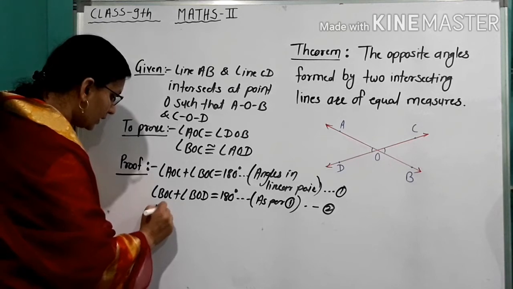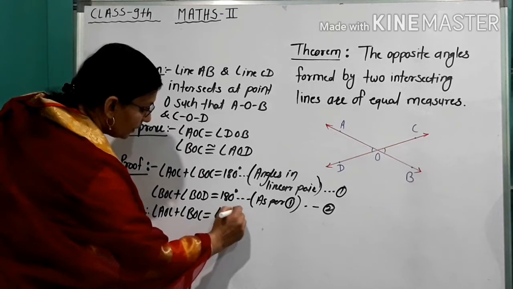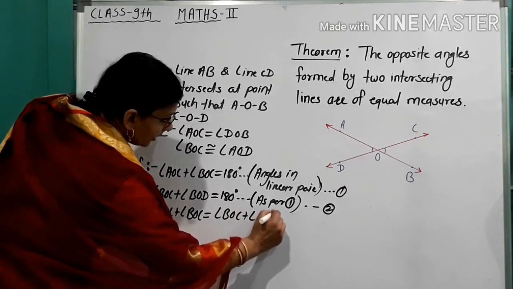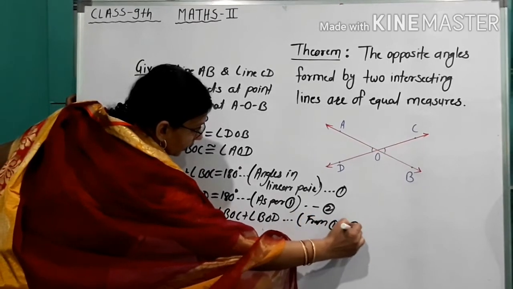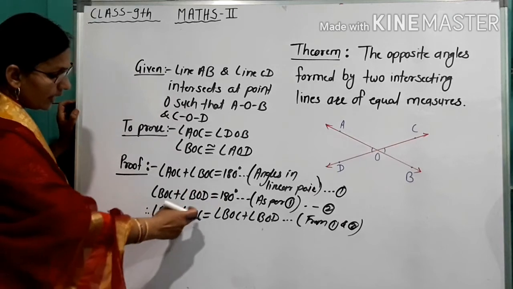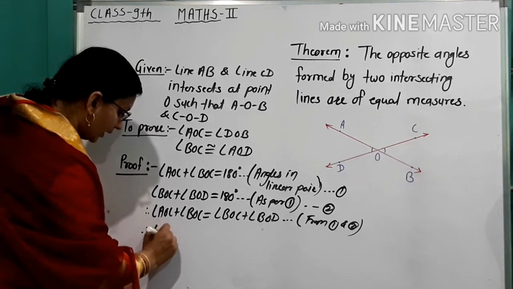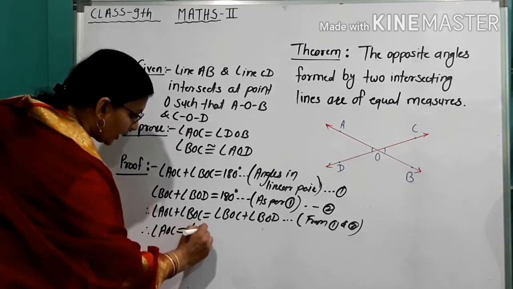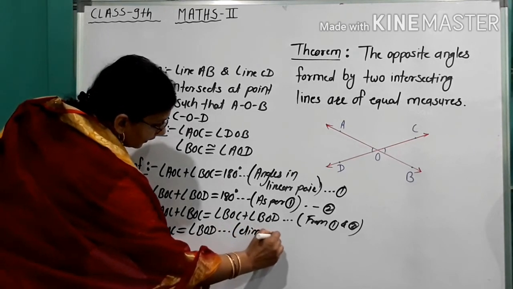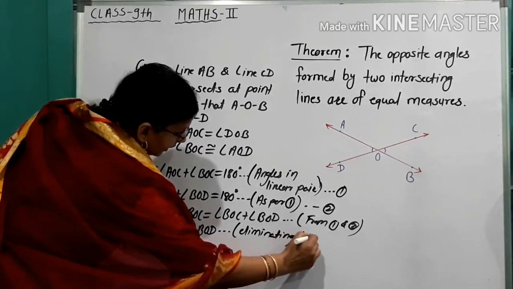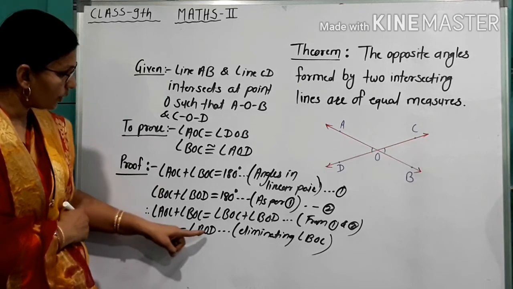Therefore angle AOC plus angle BOC equals angle BOC plus angle BOD, from 1 and 2. Here on both sides there is angle BOC, so eliminating angle BOC, we get angle AOC equals angle BOD.